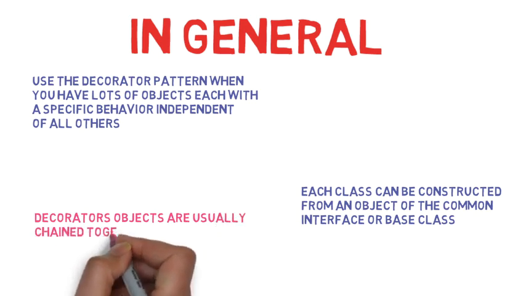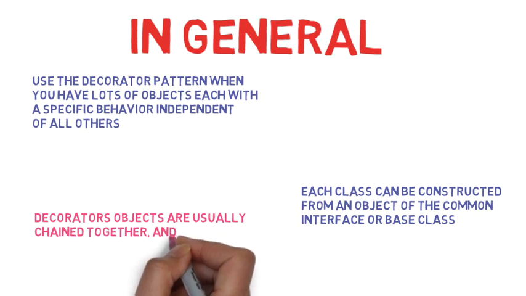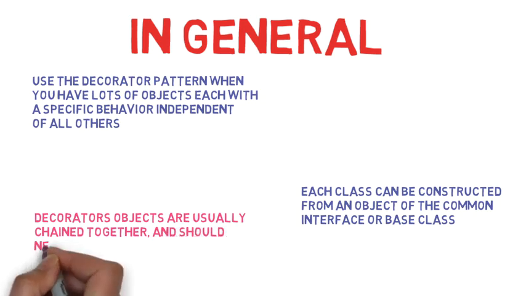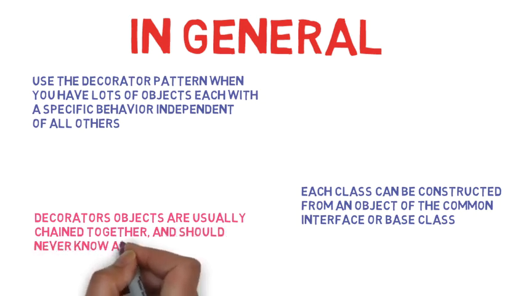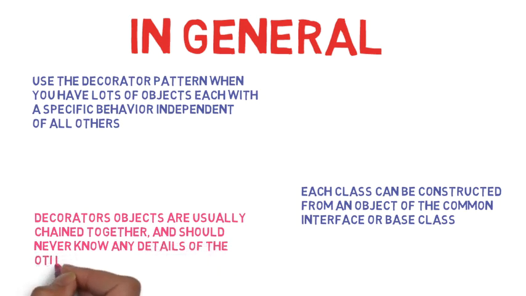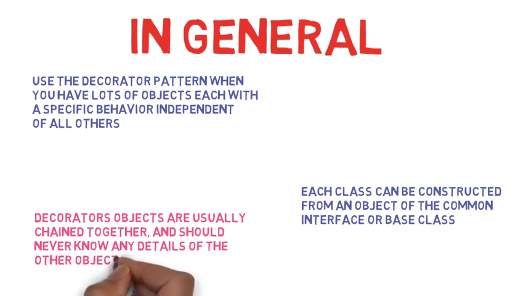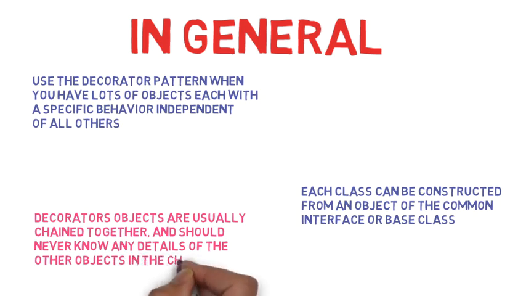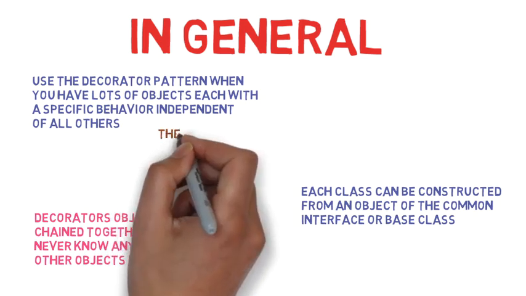Decorator objects, the way you use them is by chaining them together. And every link in this chain should not know of the details of the other objects in the chain. They are completely independent. They know their own behavior. They know what they need to do. They don't really need to know what others are doing.